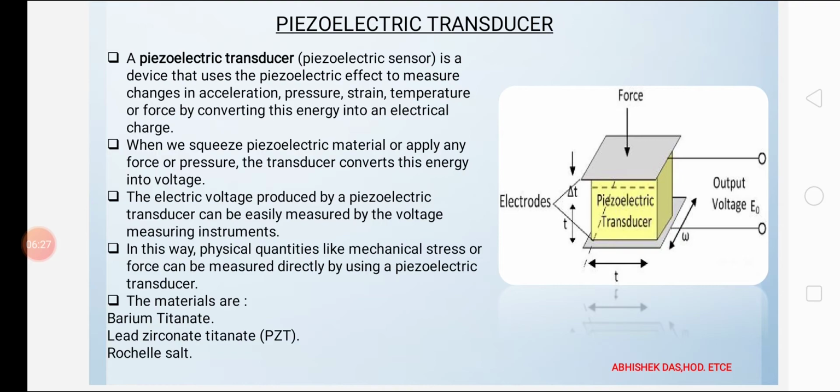Now, one of the most important parts in the strain gauge chapter is the piezoelectric transducer. It is explained by the displacement of ions causing the electric polarization of the crystal structure unit. When an electric field is applied, the ions are displaced by electrostatic force, resulting in the mechanical deformation of the whole crystal.